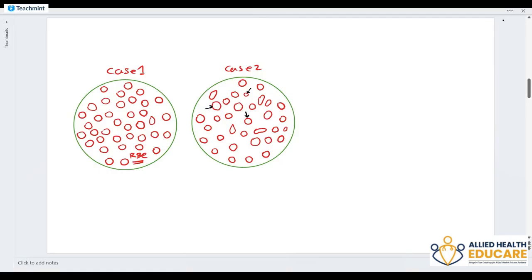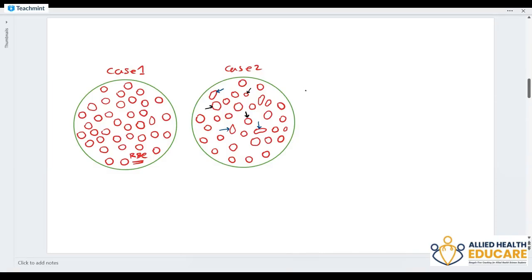I am pointing it out with a different color. If we see this type of cell, this is a teardrop cell. This is just like an elliptocyte. If you see this type of shape, you can easily understand what poikilocytosis is. Poikilocytosis means variation in shapes.